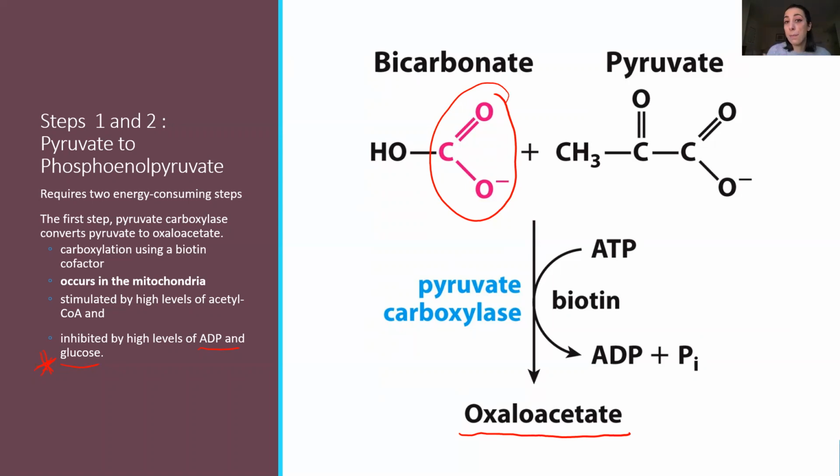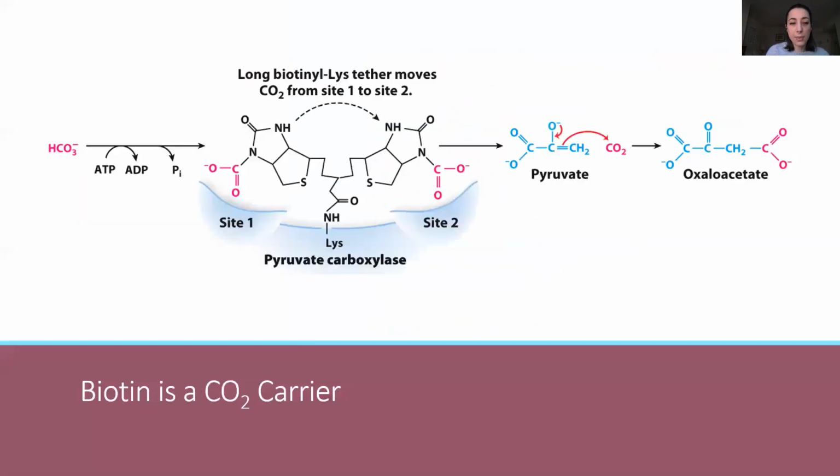Remember from our blood CO2 cycling, our blood buffering, we turn CO2 in our blood into bicarbonate. So the bicarbonate is our source of CO2, and biotin, which is part of the enzyme pyruvate carboxylase, actually holds on and carries that CO2 from the bicarbonate to transfer it onto pyruvate.